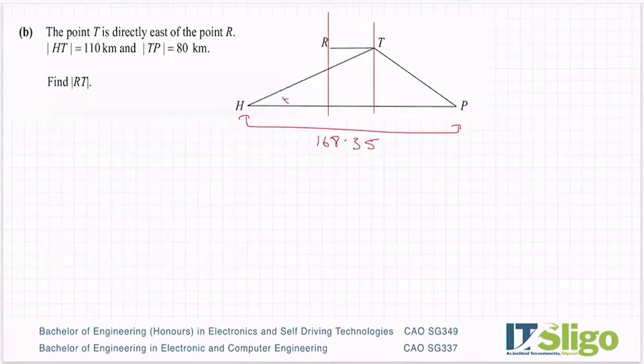So if I could get this dimension here that I'm calling x, and I could get this dimension here that I'm calling y, then if I subtract these two, x and y, from 168, won't I get this little piece here, which of course is the same length as the dimension RT.